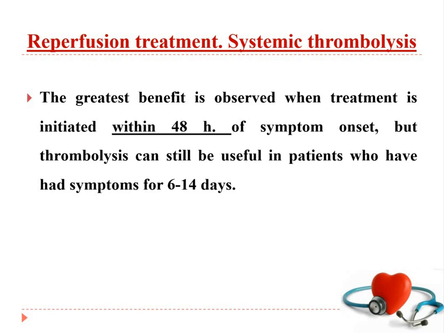Reperfusion treatment and systemic thrombolysis. The greatest benefit is observed when treatment is initiated within 48 hours of symptom onset, but thrombolysis can still be useful in patients who have had symptoms for 6 or 14 days.